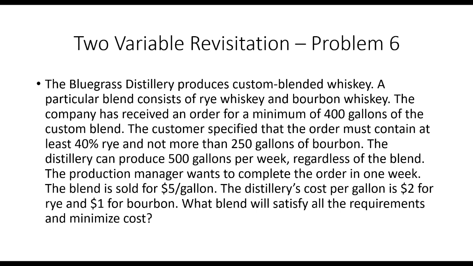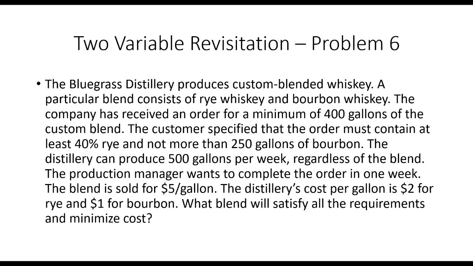And again, not all of this information is relevant. The company has received an order for a minimum of 400 gallons of a custom blend. So we know it's 400 gallons. So x1 plus x2, the amount of 1 and 2, must be greater than or equal to 400. That is important. So our first constraint is x1 plus x2 is greater than or equal to 400.